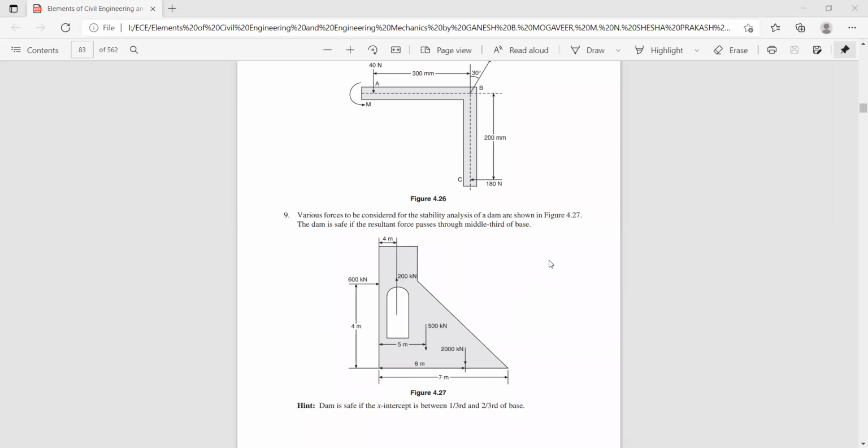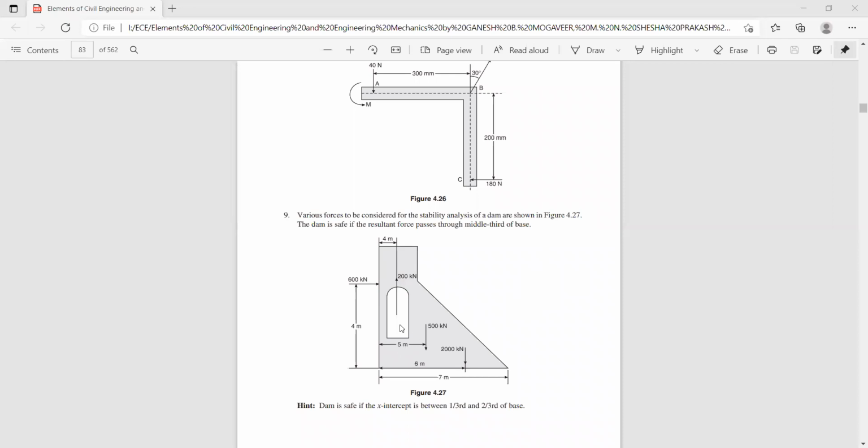Now we shall find sigma Fx. In this case, we have only the 600 kilonewton force, which is horizontal. So sigma Fx will be 600 kilonewton.